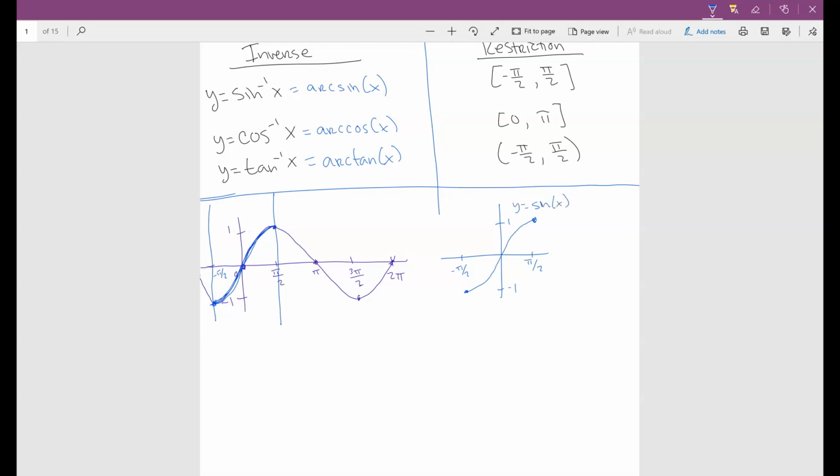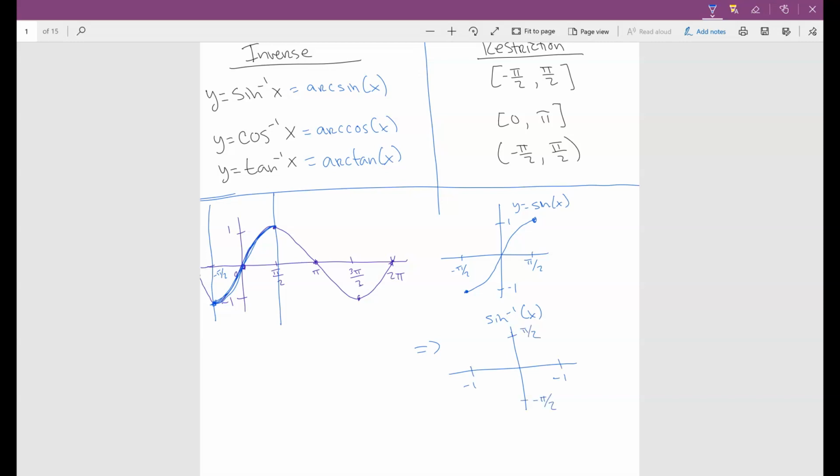Remember that in order to find the inverse of this, you're going to take each x value and switch it with the y value. So the sine inverse is going to look like this. Now I'm switching my x's, so these are going to be my x's, and I'm switching my y's, so these guys are going to be my y's.